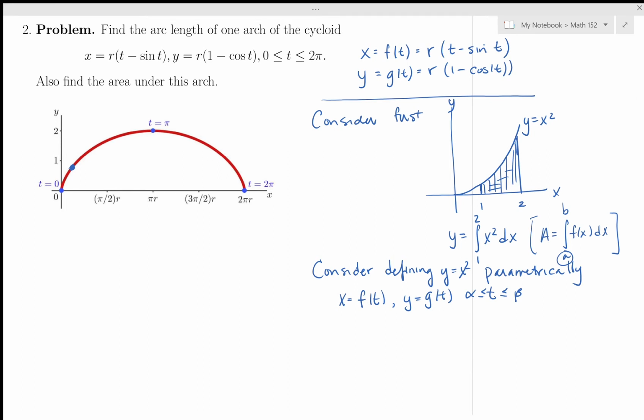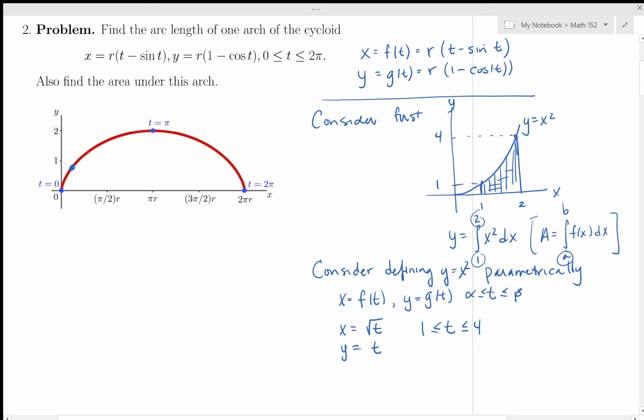Well, one way of doing that is to have x equal to the square root of t and y be equal to t. So you can see that y is equal to x squared, and then t would have to range between 1 and 4. When t ranges between 1 and 4, you see that x ranges between 1 and 2, which is what we had over here, and y will range between 1 and 4, which is exactly what we expect here.